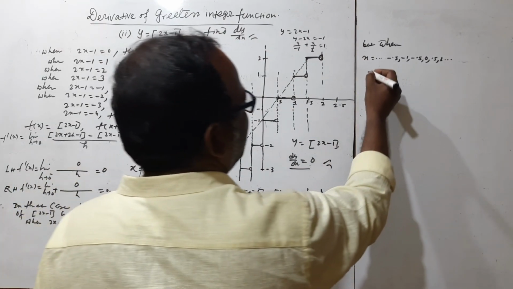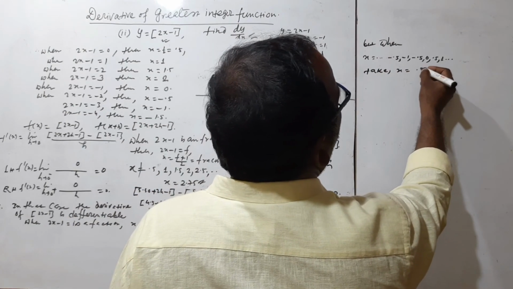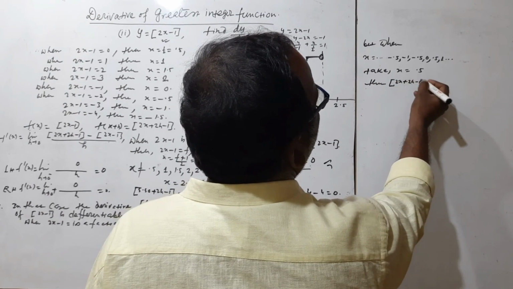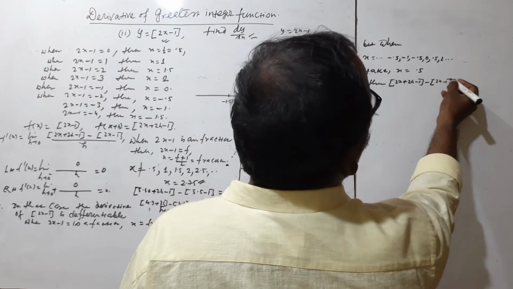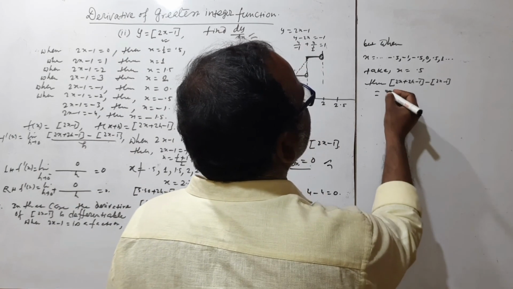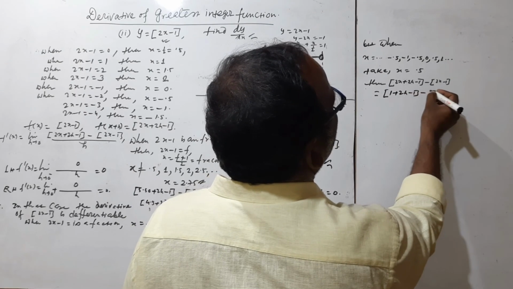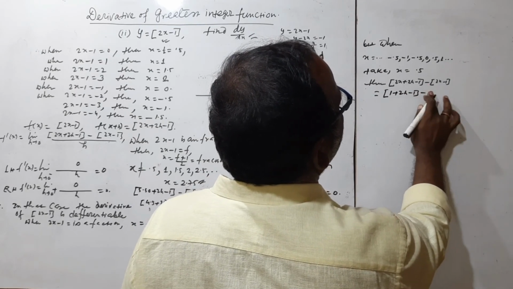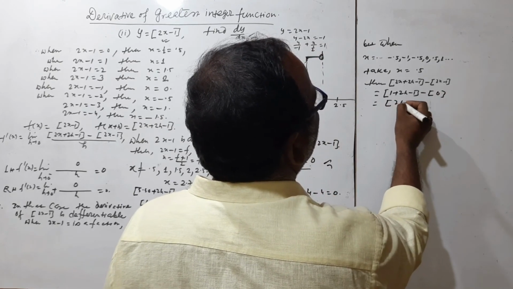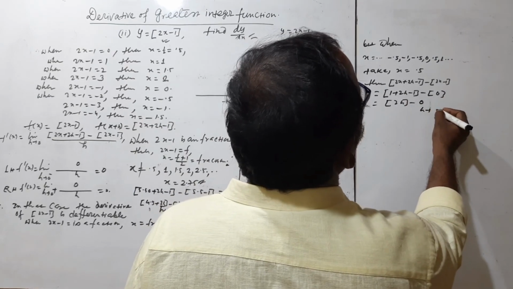If we take one value like x is equal to 0.5, then box twice x plus twice h minus 1 minus twice x minus 1, see what happened here. It would be 1 plus twice h minus 1 minus actually 0.5. So 1 minus 1 is 0 here, so this is only twice h minus 0.